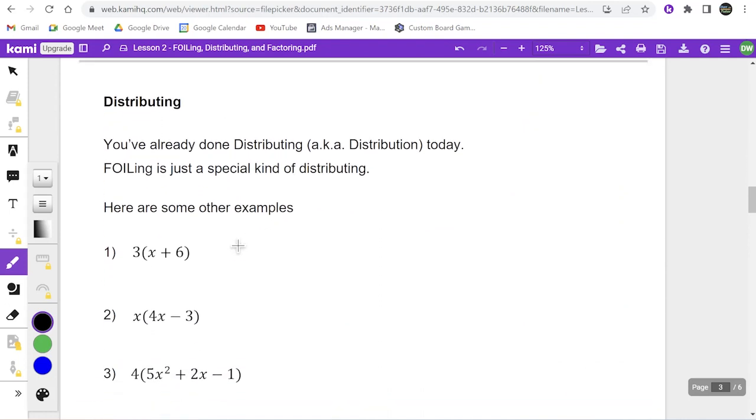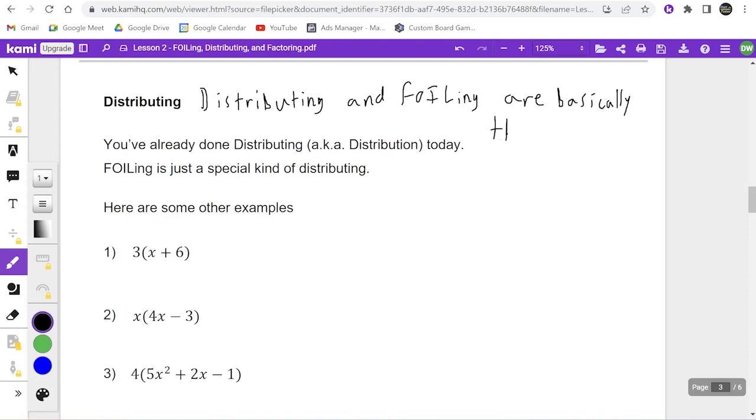So now let's talk about distributing. Distributing is probably a word you've heard of before. You've definitely heard of the distributive property, which, in case you're wondering, is basically exactly what we've been doing this whole time. Distributing and foiling are basically the same thing. Let's write that down. Distributing and foiling are basically the same thing.